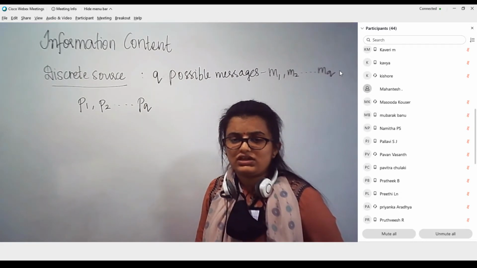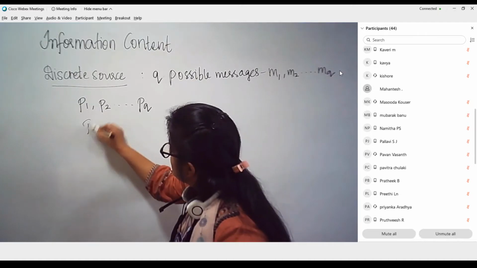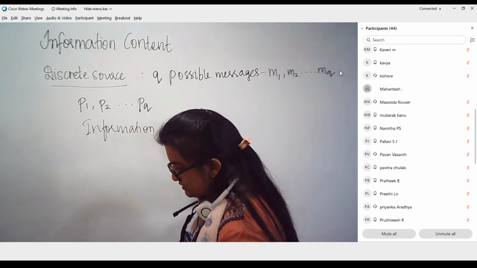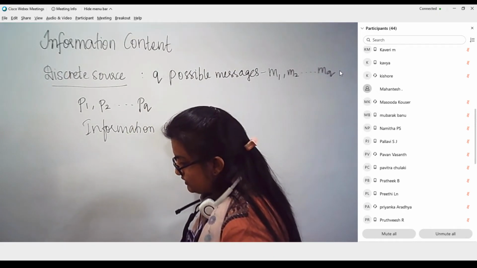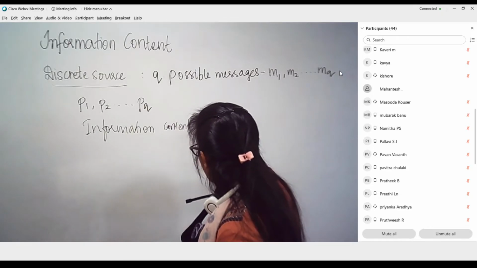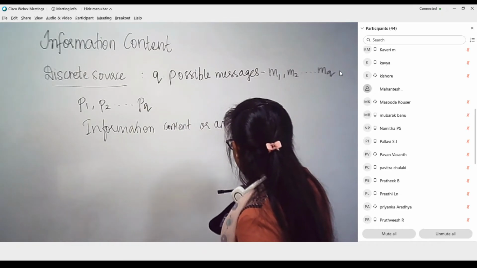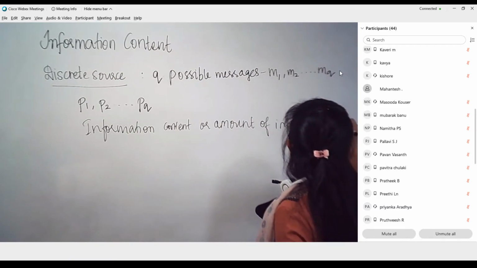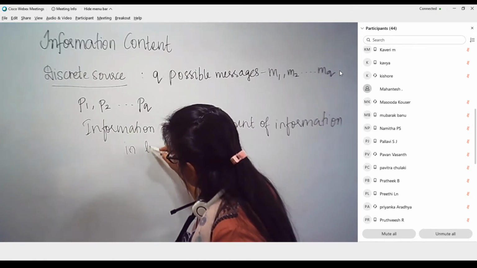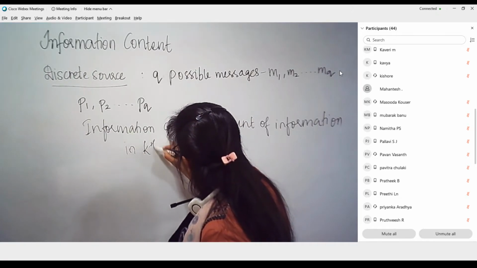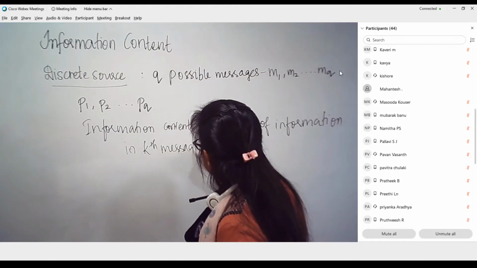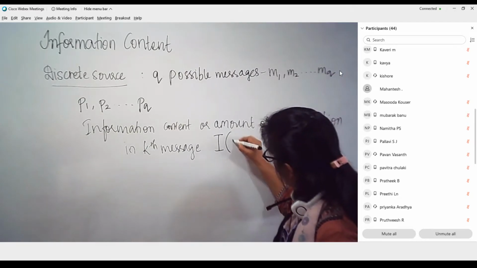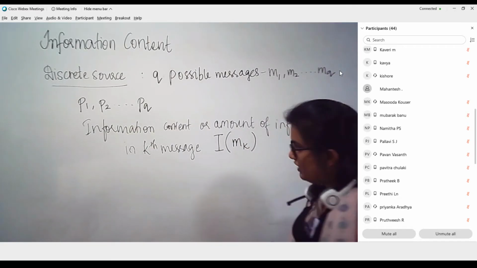So we can measure the information contained in the kth message. The information content, or amount of information, in the kth message is represented as I of m of k.